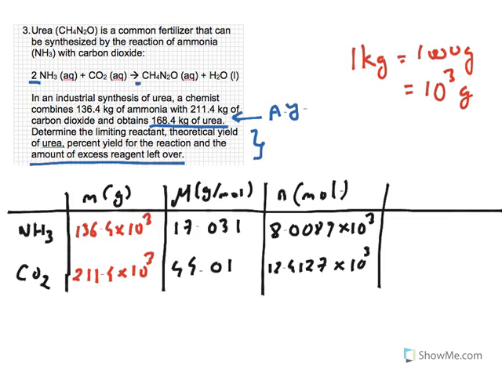So we will have our reactant to product ratio as 2 to 1. Similarly, for carbon dioxide, we have 1 mole reacting to produce 1 mole of the product, so we have a ratio of 1 to 1.